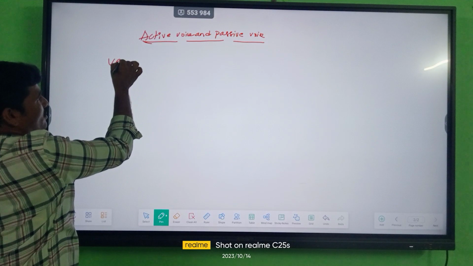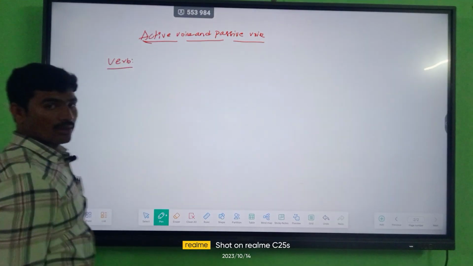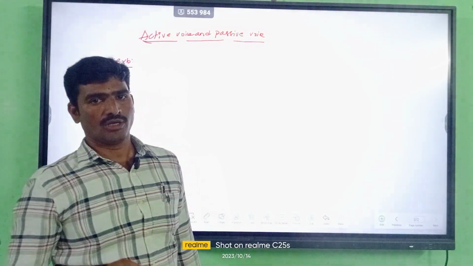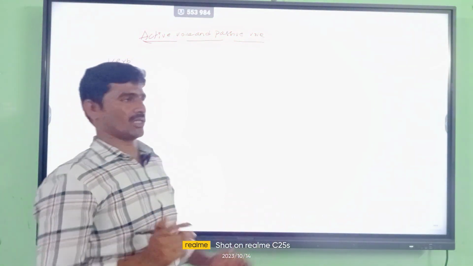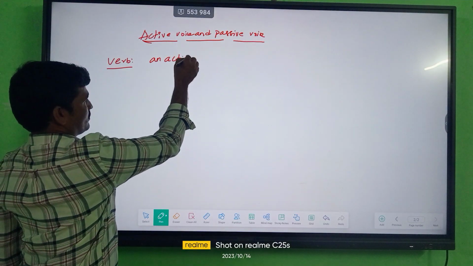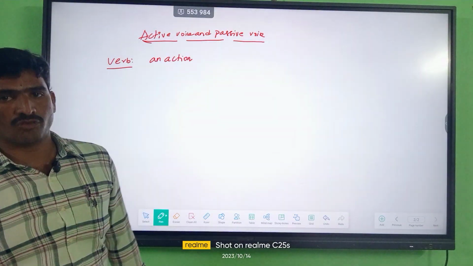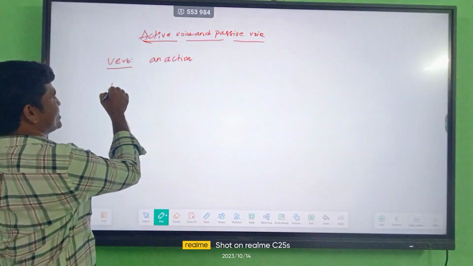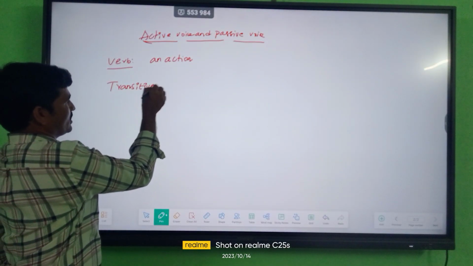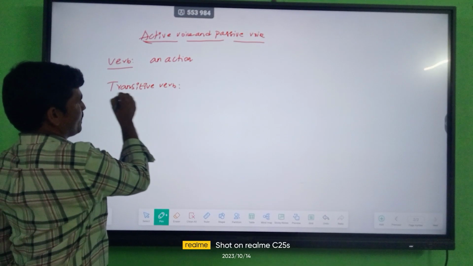First, what is a verb? Verb usually means an action. A verb is a word which shows an action. What is a transitive verb? Let's see transitive verb.